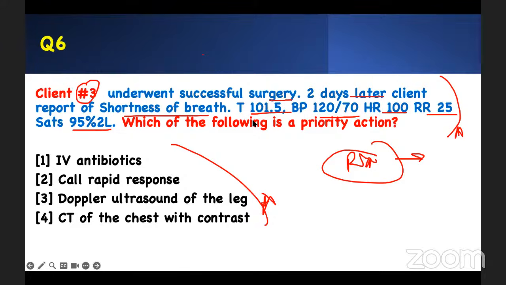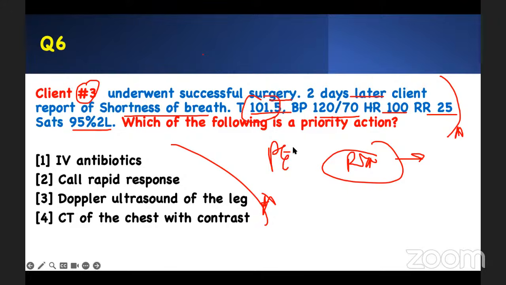If it's pulmonary embolism, what will you do then? You give the patient antibiotic? Do you call rapid response? Do you order Doppler ultrasound of the leg, or do you get a CT of the chest with contrast? Test taking strategy, right? I know it's PE. The fever is a trap.